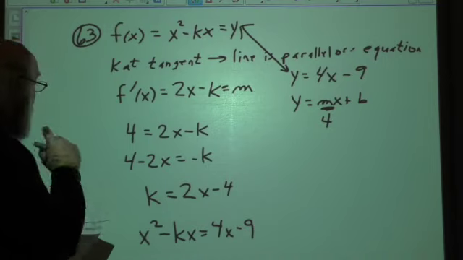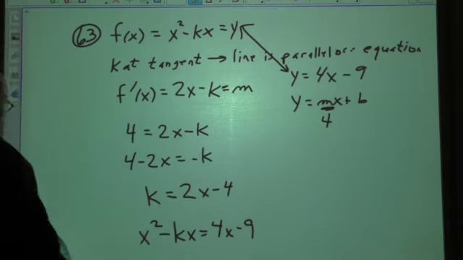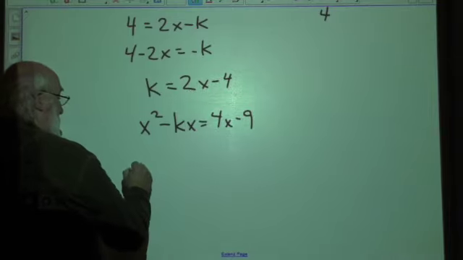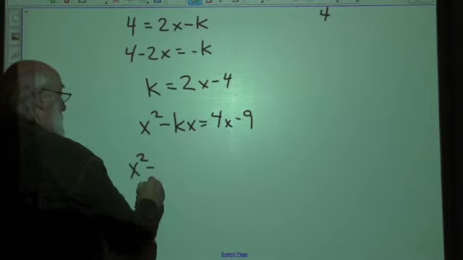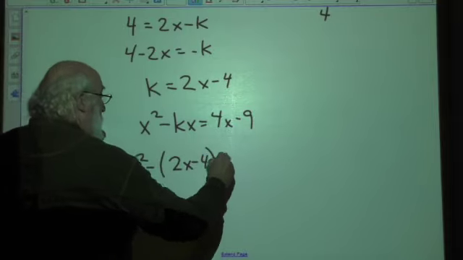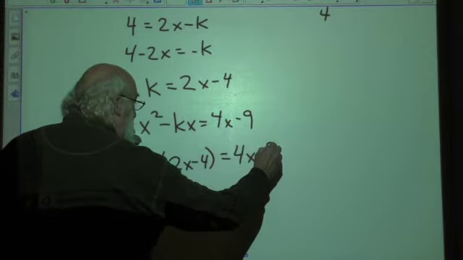Now, we know that k is this, so now I'm going to substitute 2x minus 4 in for this k right here. So this becomes x squared minus, parenthesis, 2x minus 4 equals 4x minus 9.